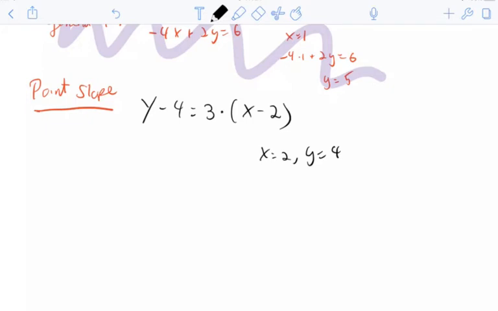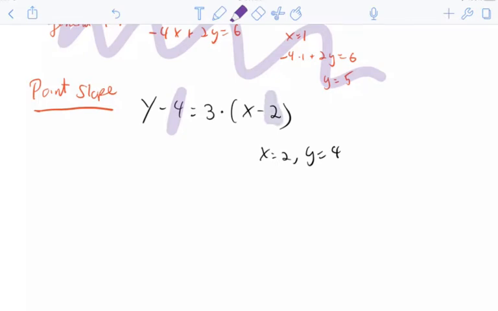Where'd that come from? Well, to find a solution to the point slope form of an equation, I just figure out what value of y makes this 0, and I figure out what value of x makes that 0. And also, to put a finer point on it, it's that number and that number.